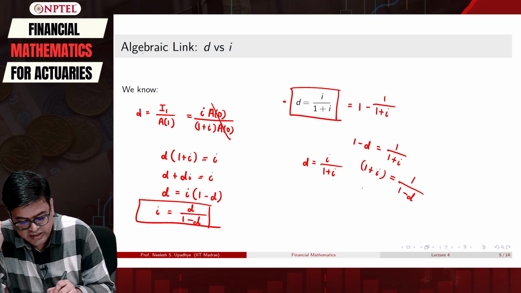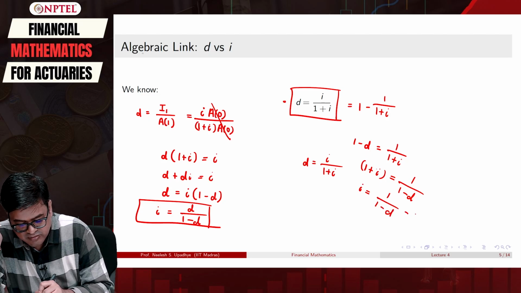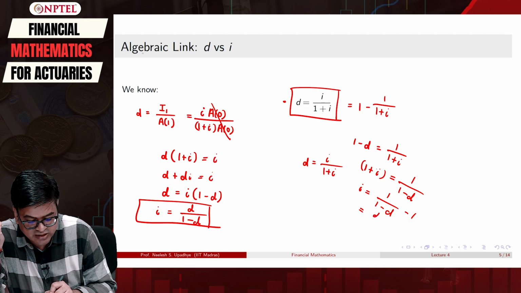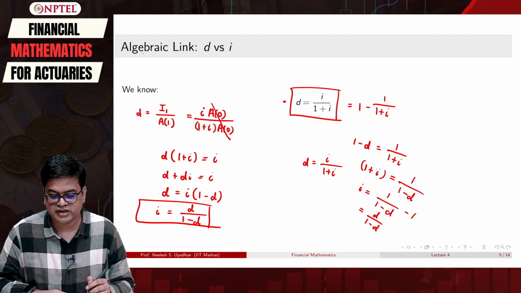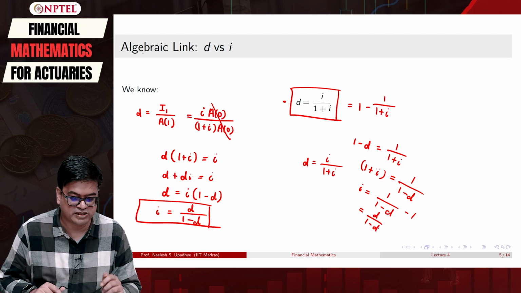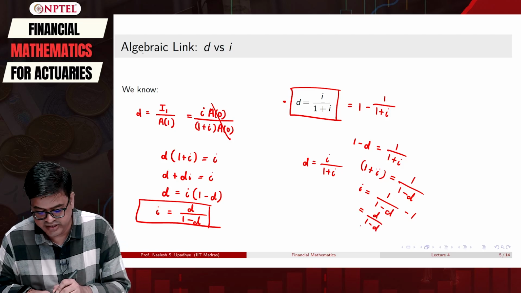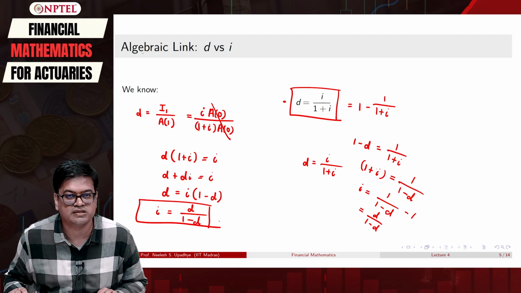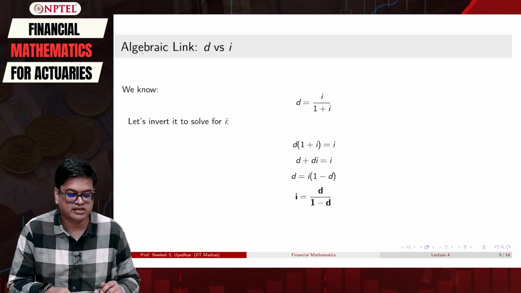And then you take this on the other side, so I is equal to 1 upon 1 minus D minus 1. What will that fetch me? It will again give me D upon 1 minus D, correct? So I have shown you two ways to establish the same identity, I is equal to D upon 1 minus D. So one way is shown here.